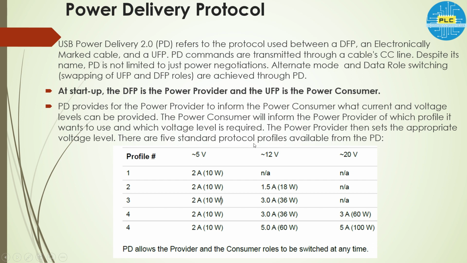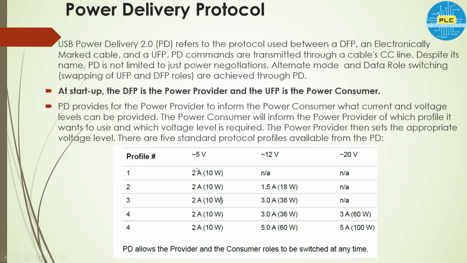There are 5 standard protocol profiles available for PD. What are the 5 profiles? One is 5 volts at 2 amps, 10 watt. Here 12 volts not available, 20 volts not available. Second is 5 volts at 2 amps, 10 watt, and 12 volts at 1.5 amps.